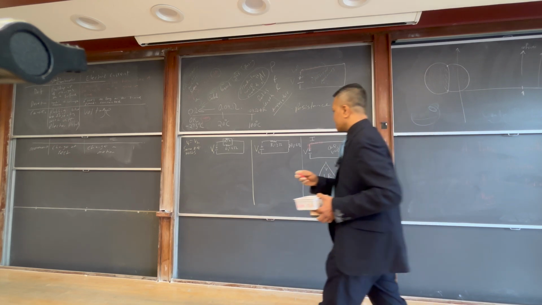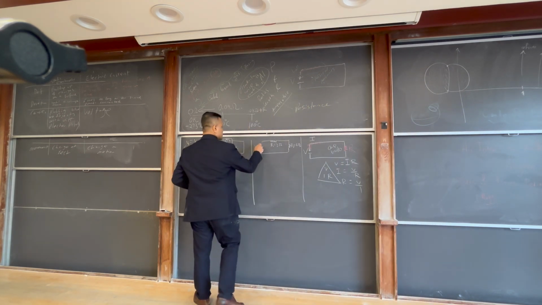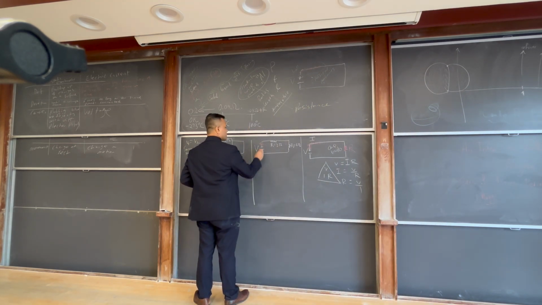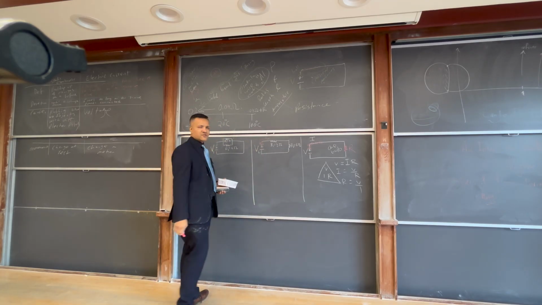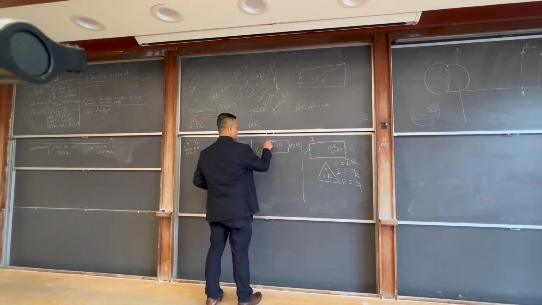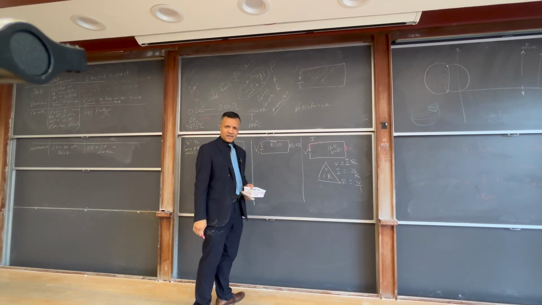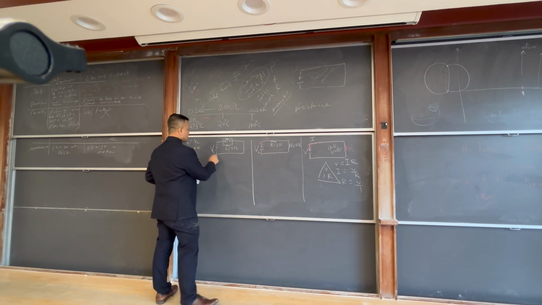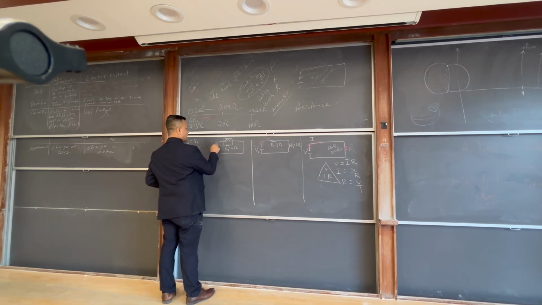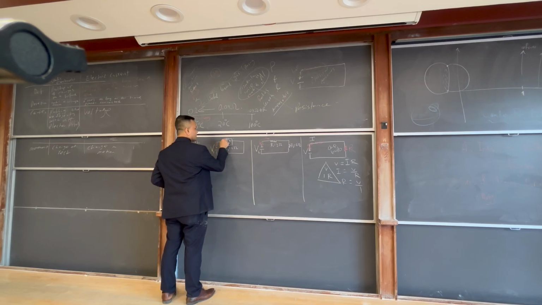Now let's discover the differences. This one has only one path for the electron. If you are an electron, you are in a bad shape. Why? Because if there is an accident, then you cannot move, and the whole house is going to be dark. You are in a good situation over here. If you are taking this path and it is broken, you can always go back and use the other path.